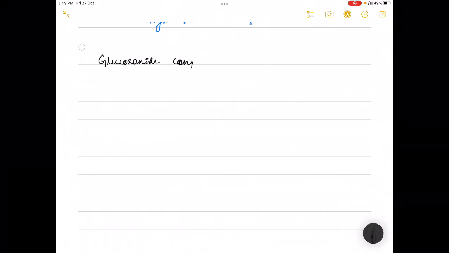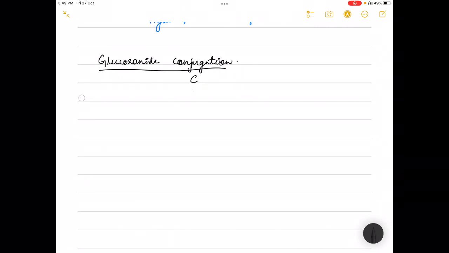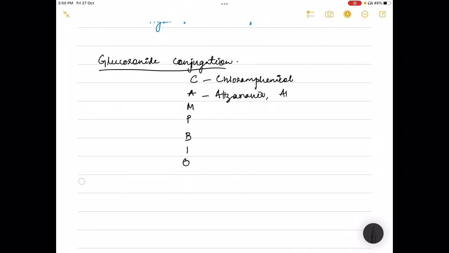Coming to the drugs which are metabolized by glucuronide conjugation. These can be remembered by means of the mnemonic CAMP BIO. So C for chloramphenicol, indinavir and atorvastatin. M for metronidazole and morphine. P for paracetamol.